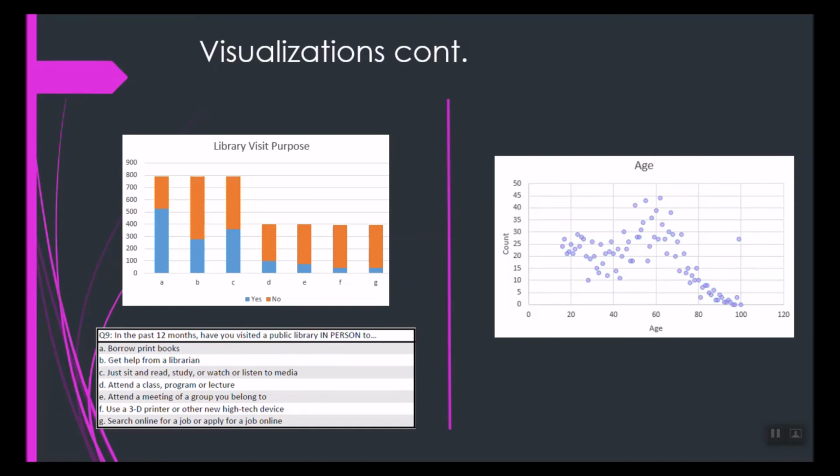And then we have here a scatter plot so that we can see more or less what the age is like, and it seems that the age with the highest count is somewhere in the 60s. So that's just one observation.